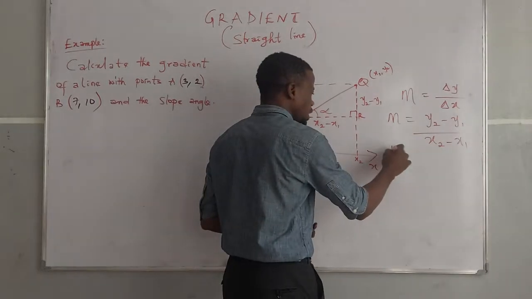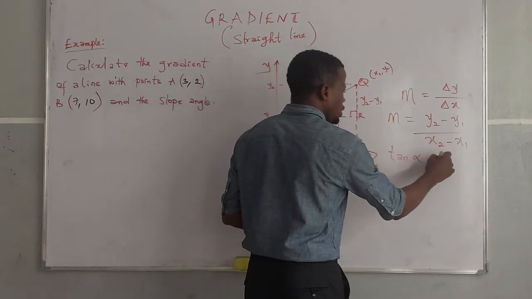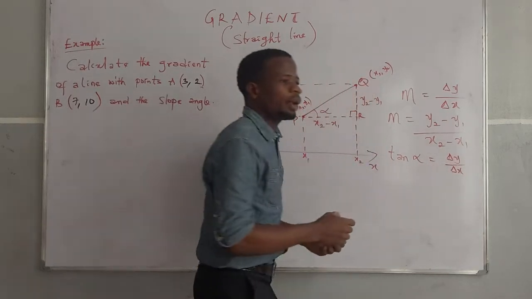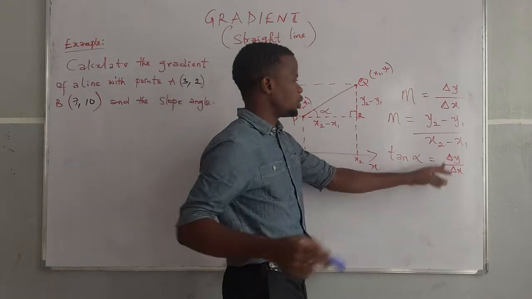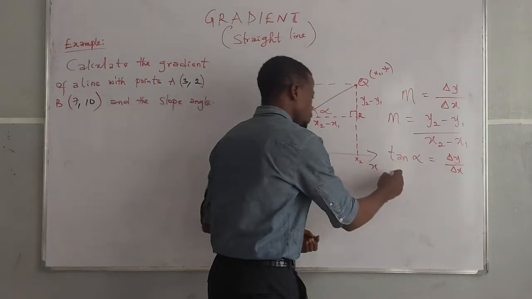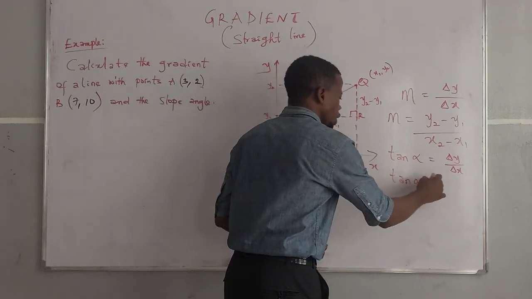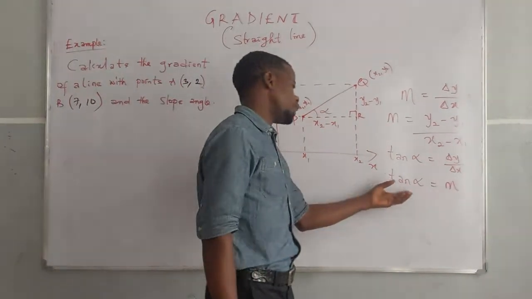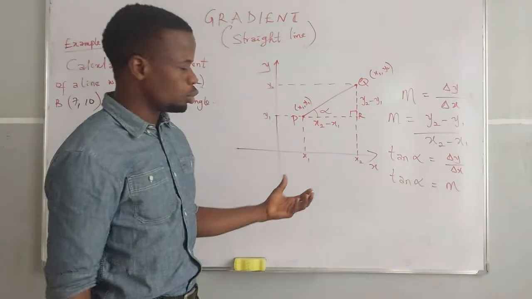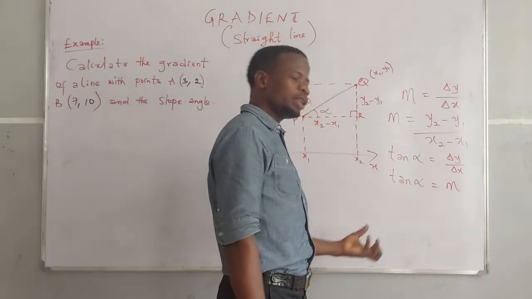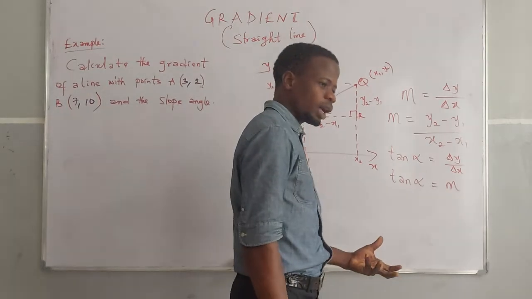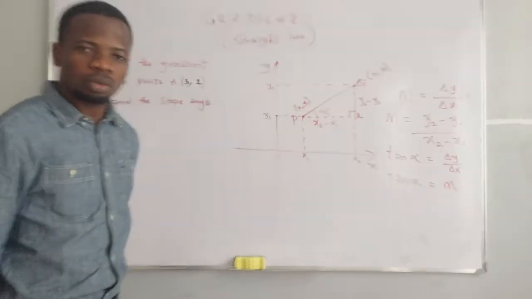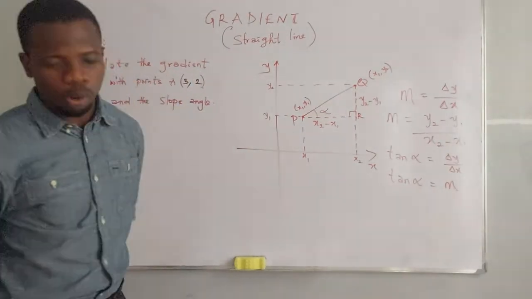That implies that tan alpha is equal to change in y over change in x, which is opposite over adjacent, and this is equal to the gradient. So whenever you have the slope angle alpha, the tangent of that angle is equal to the gradient of the line that produced that slope angle.